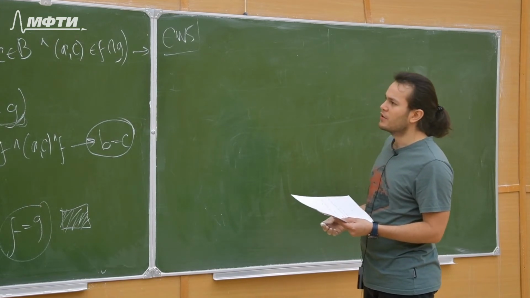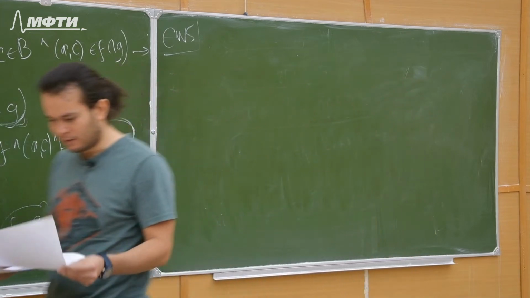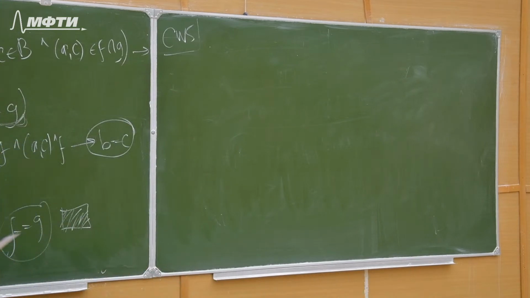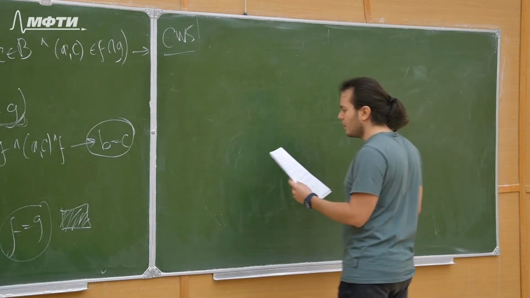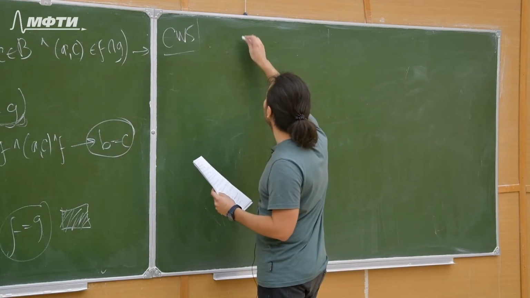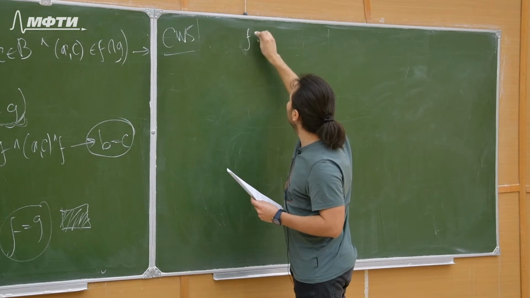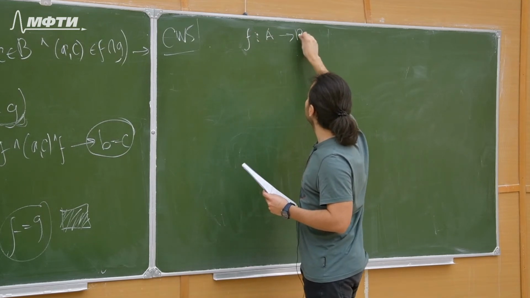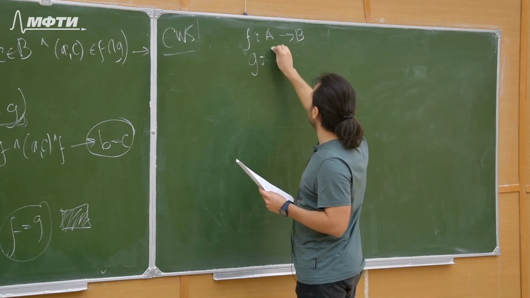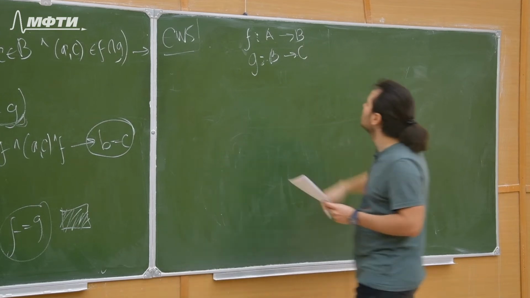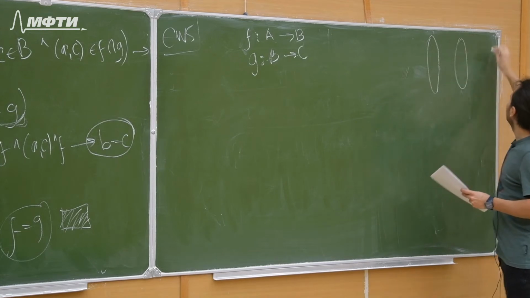So this was exercise 4. Now we have to continue with exercise 5. So again, we have two functions, F and G. But now we have function F from A to B, and the function G from capital B to capital C. Something like this, A, B, and C, right?